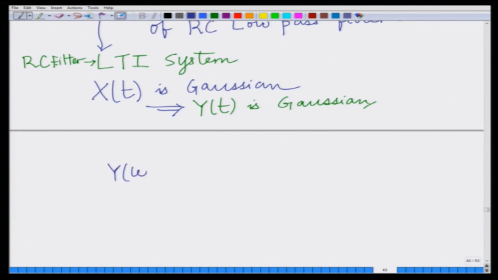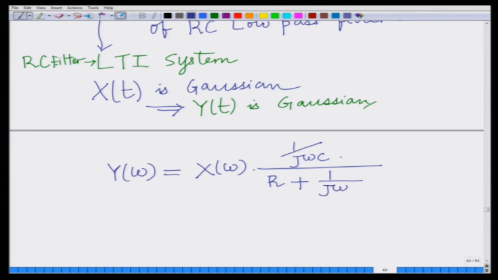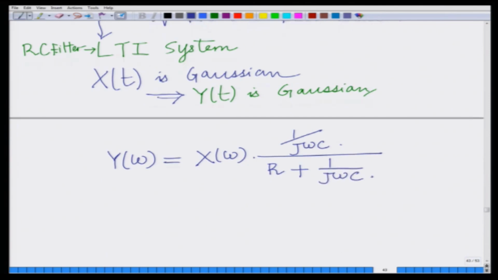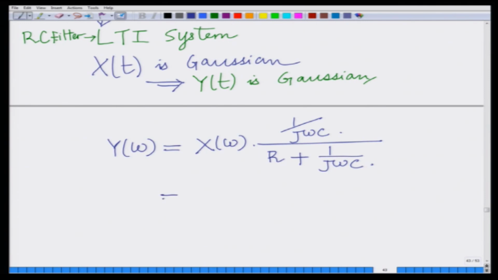Therefore, y of omega, the output frequency response, is the input frequency response x of omega times 1 over j omega c divided by r plus 1 over j omega c, which I can write as x of omega times 1 divided by 1 plus j omega RC.